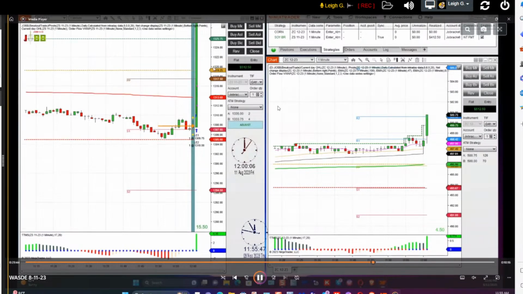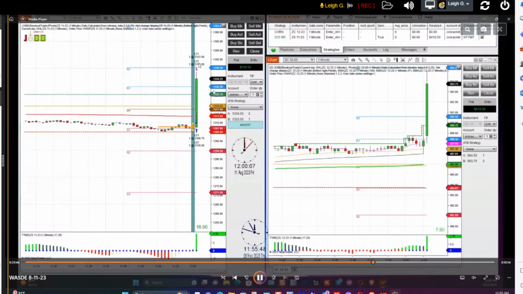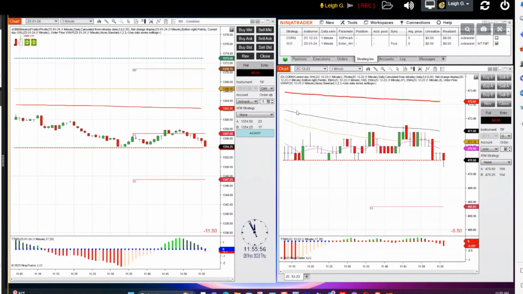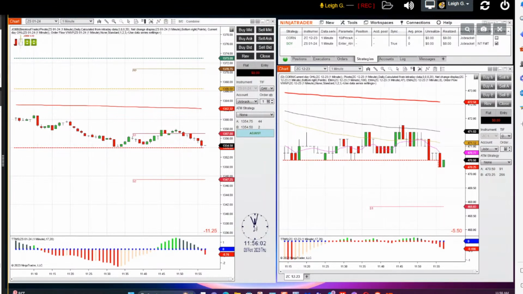That was a very volatile move. It burst up, shot down, burst up. Very fast mover. WASDE can do very volatile movements on the instrument that we're trading. It's not unusual. In fact, it's the norm to have extreme volatility.